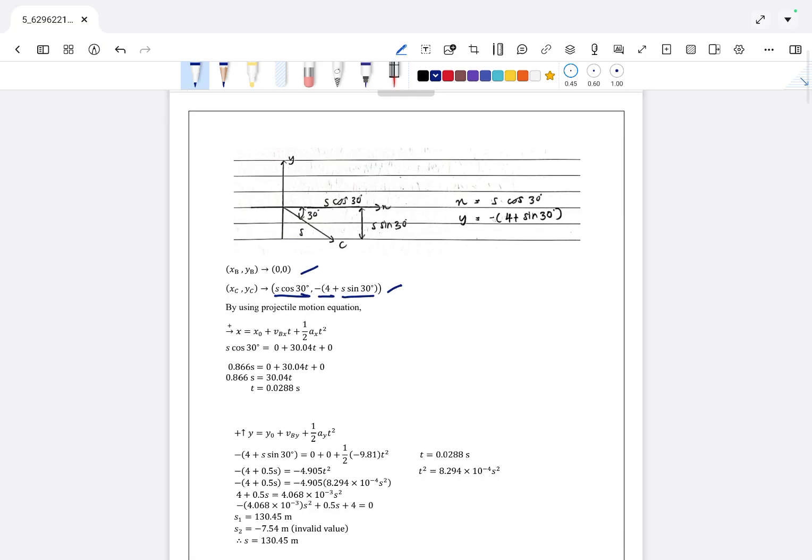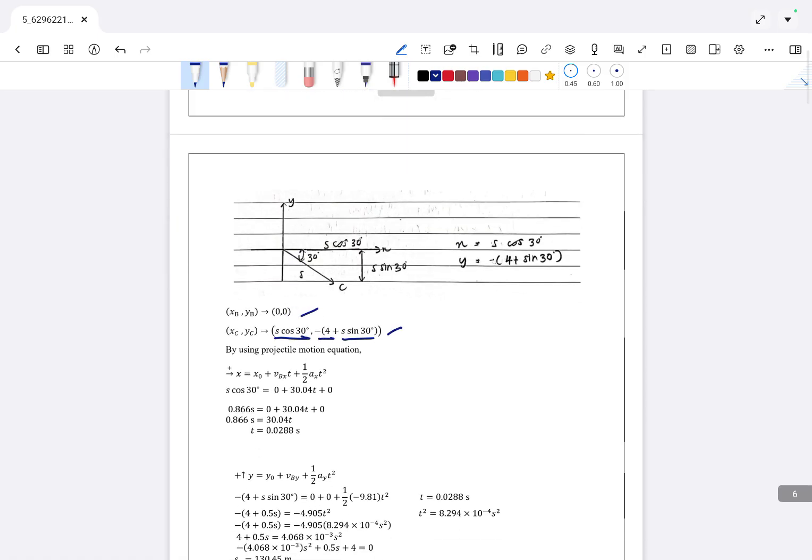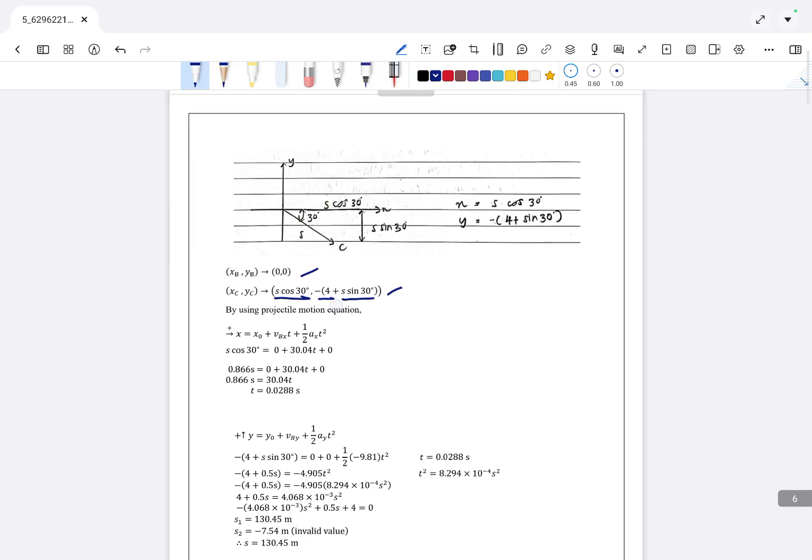After we find both coordinates at point B and also point C, we need to use the projectile motion equation to further our solution. So this is the horizontal equation, which is x equals x naught plus vbx t plus 1/2 ax t². So we need to substitute all the values in this equation.